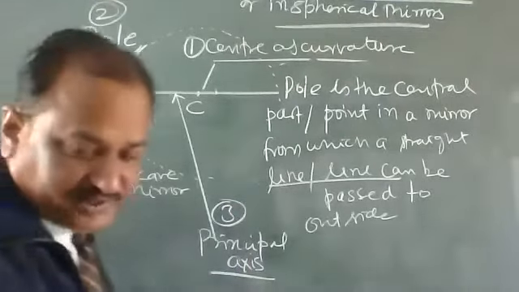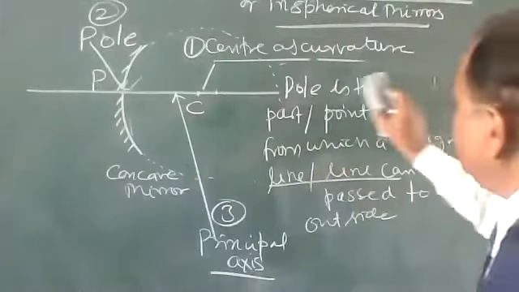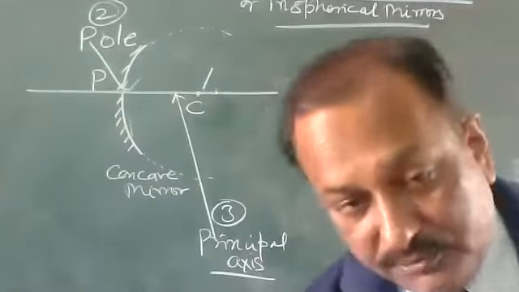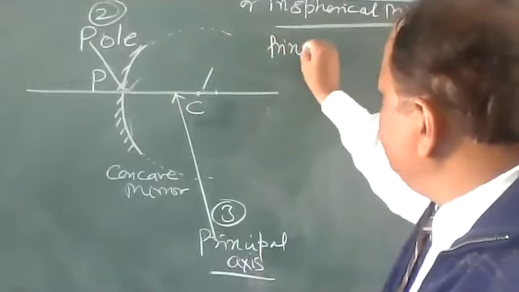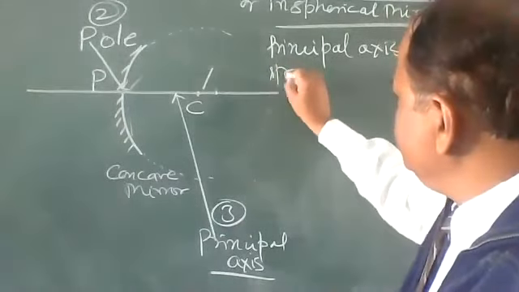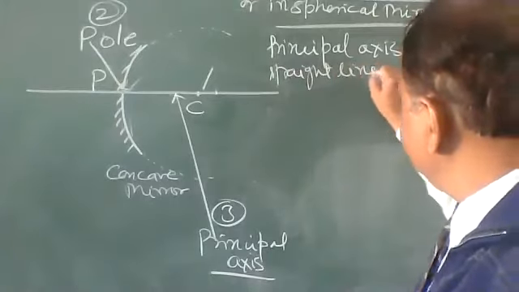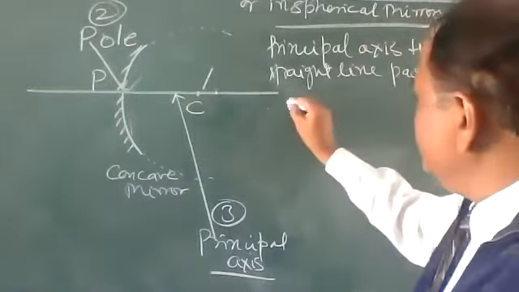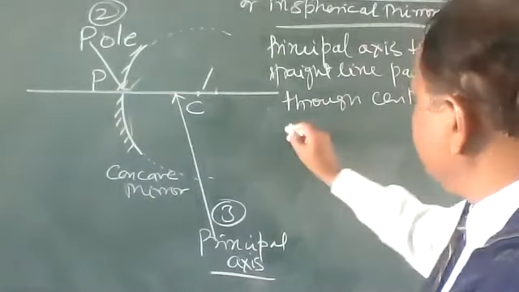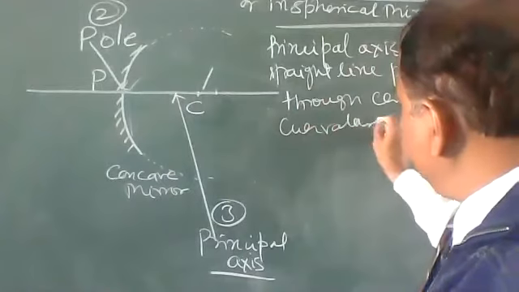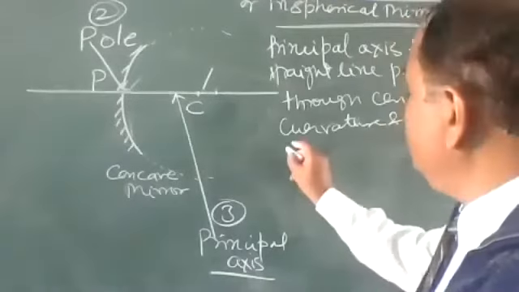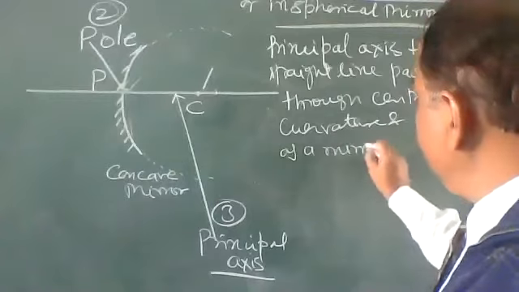Now coming to the third point. I am defining the principal axis, so write down: principal axis is the straight line that passes through the center of curvature and pole of a mirror.